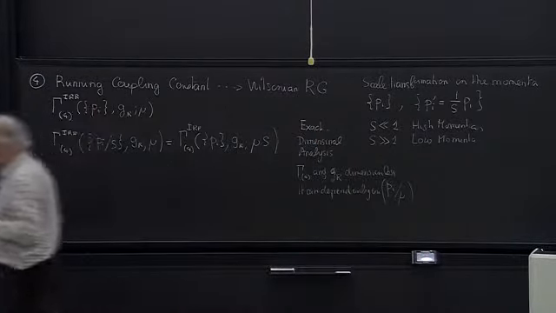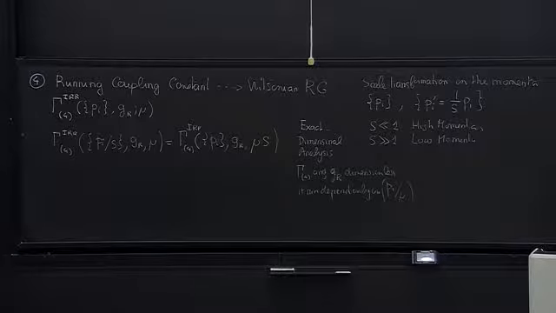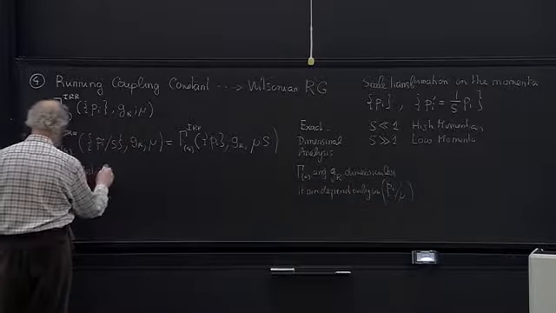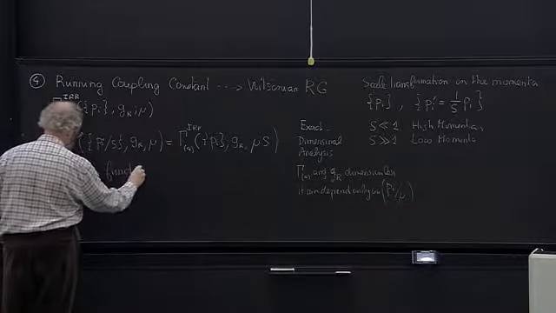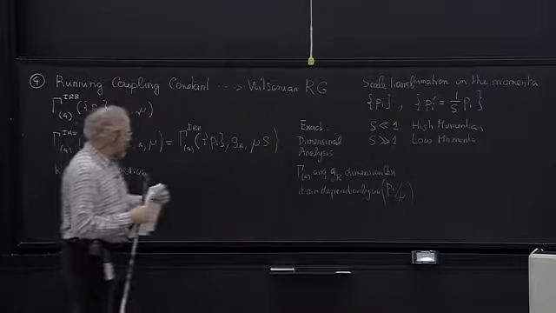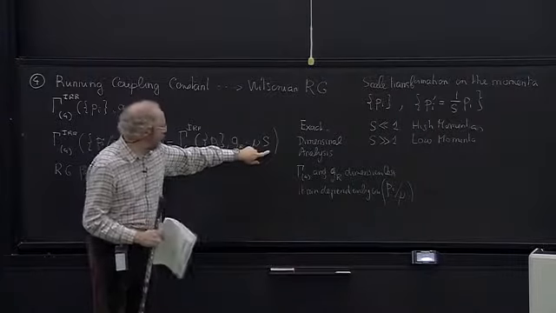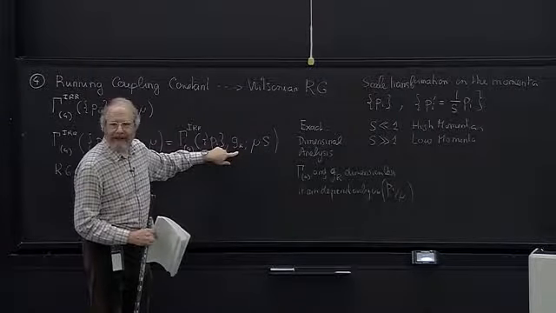Now we can use the renormalization group beta function to say that changing mu can be reabsorbed into a changing of gr.